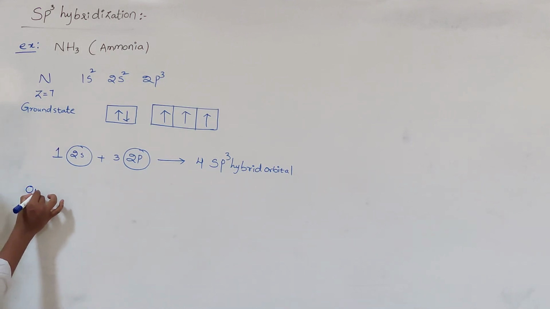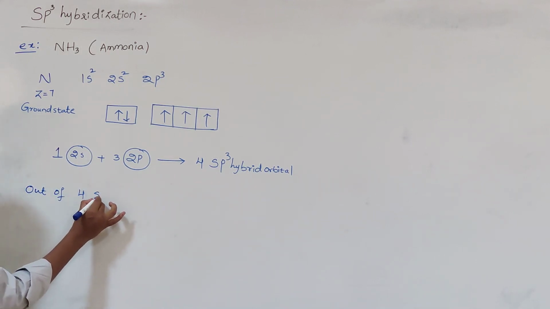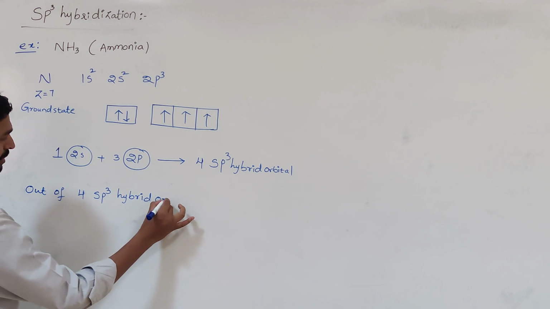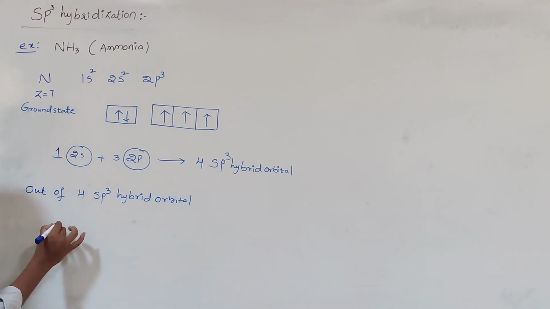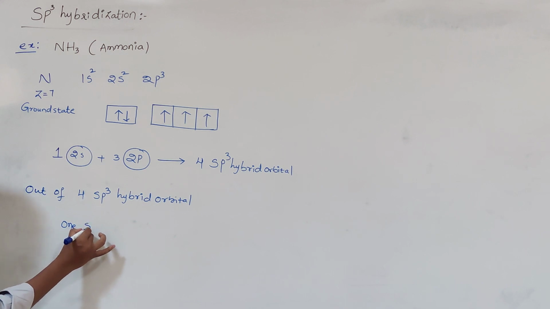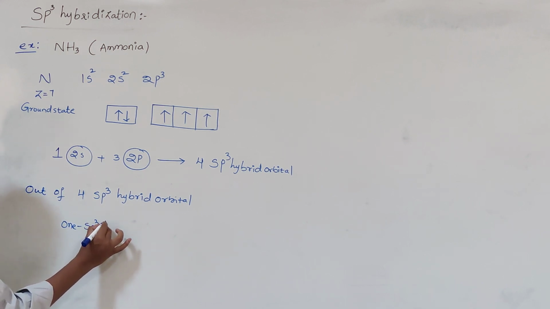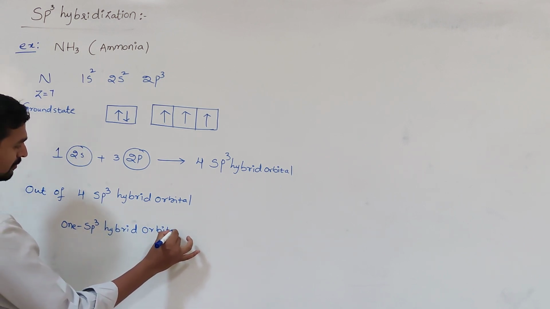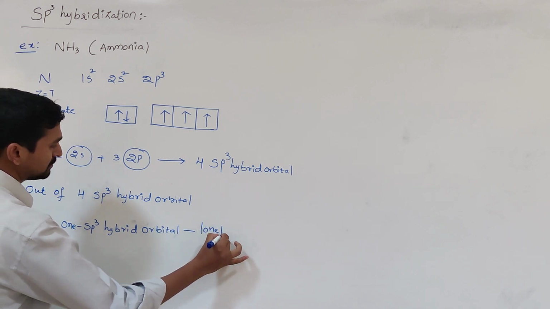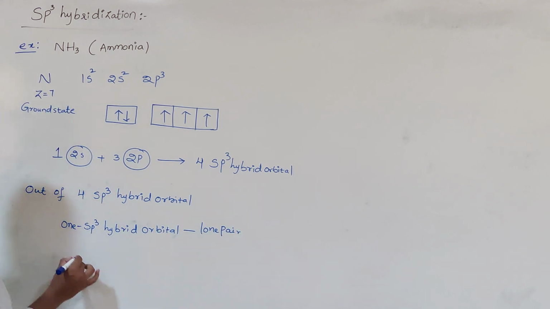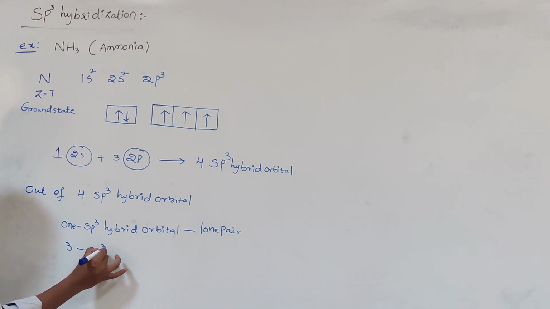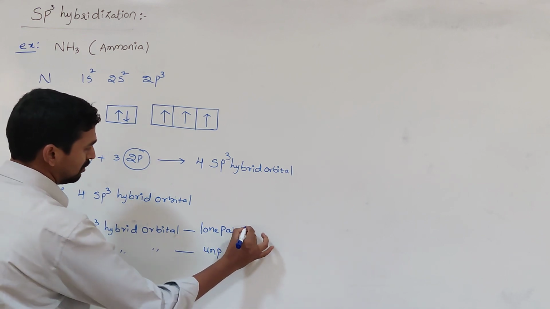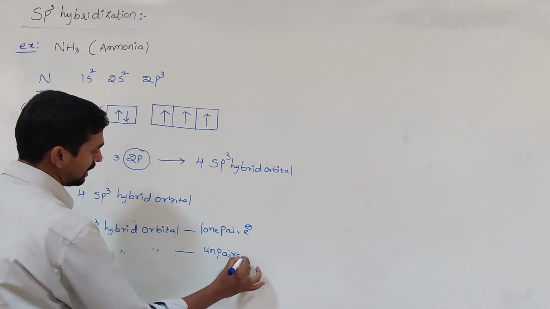Here, out of the 4 sp3 hybrid orbitals around the nitrogen, one sp3 hybrid orbital contains a lone pair of electrons and 3 sp3 hybrid orbitals contain unpaired electrons.